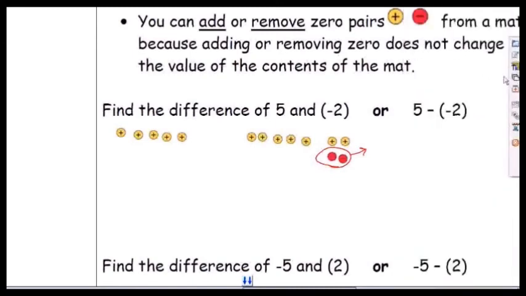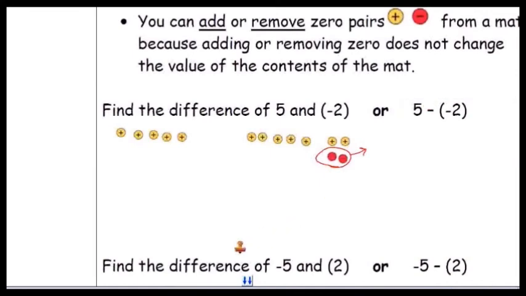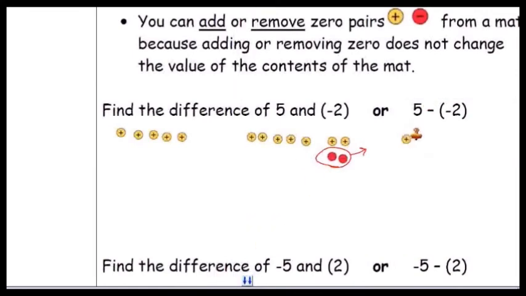So because I have 7 positive counters left, I started with 5, 1, 2, 3, 4, 5, and then I had these two more left when I took the other two negatives away. So I end up with 7 positives. So my answer to this problem, the difference between 5 and -2, is 7.